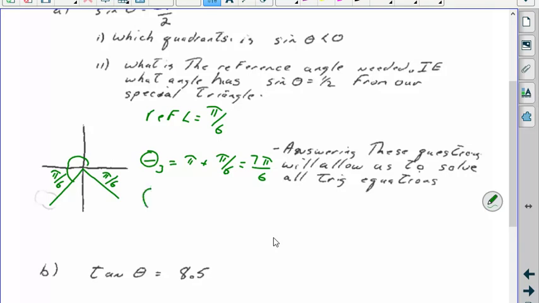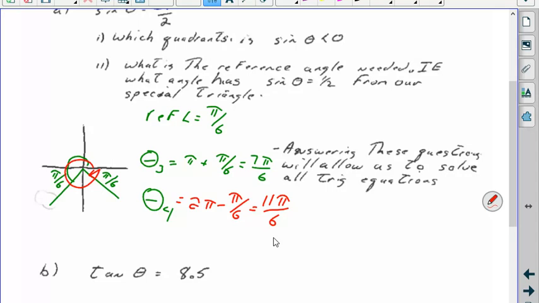And in quadrant 4, the angle is going to be all the way around to 2 pi and then back up pi over 6. So 2 pi minus pi over 6, 11 pi over 6. So what I do, again, to quickly do this, it's 12 pi over 6 minus pi over 6.